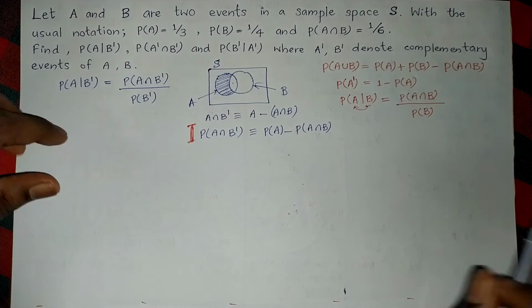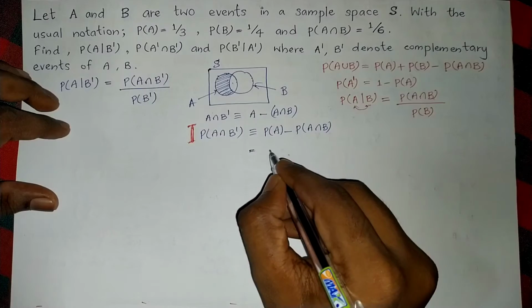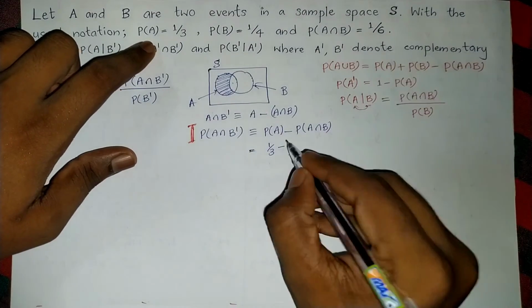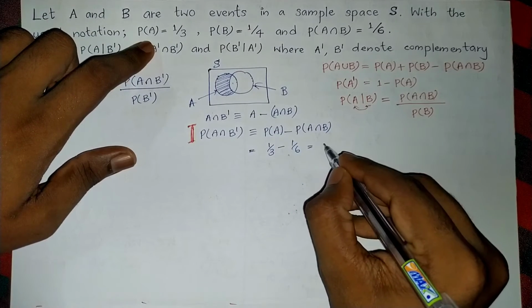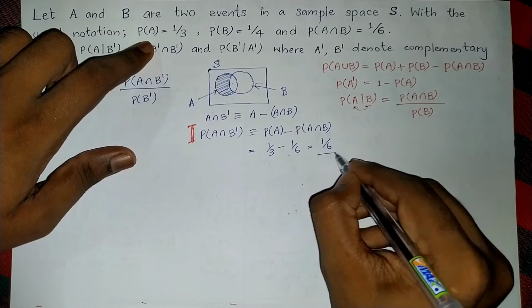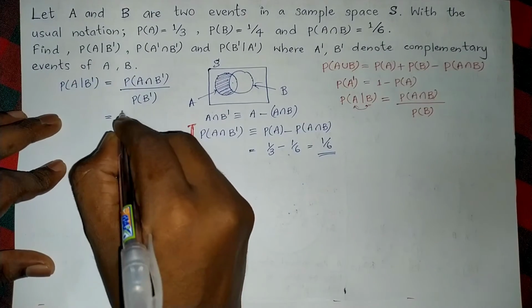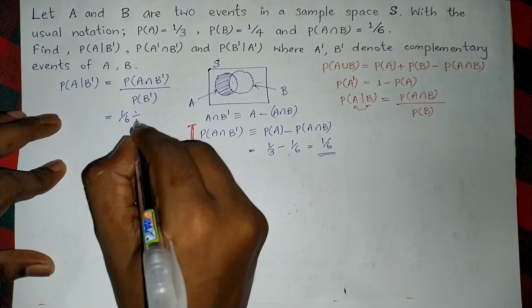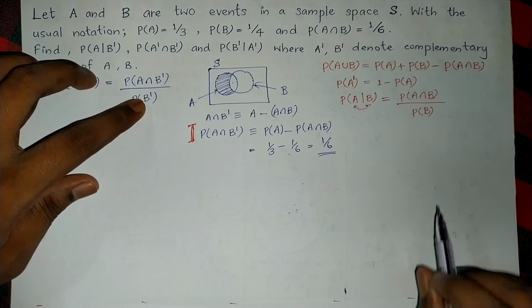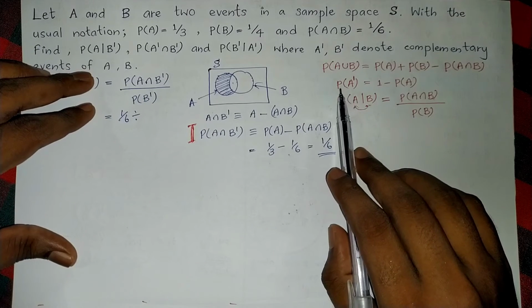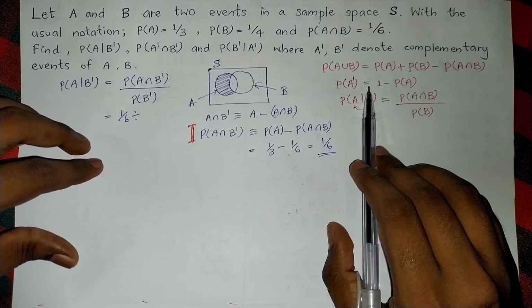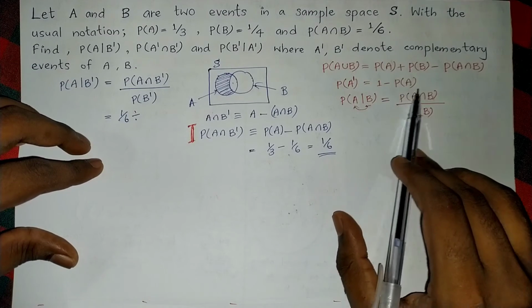This information is given. Probability of A is 1/3, A intersect B is 1/6. So we can get the answer, it is 1/6. Now I can substitute here 1/6 divided by probability of B dash. From your O-level knowledge, you know the probability of a complement of an event is equivalent to 1 minus the probability of the event.